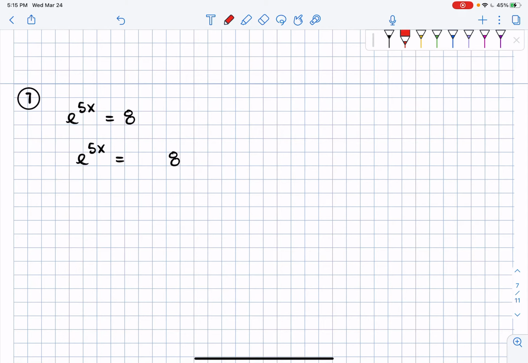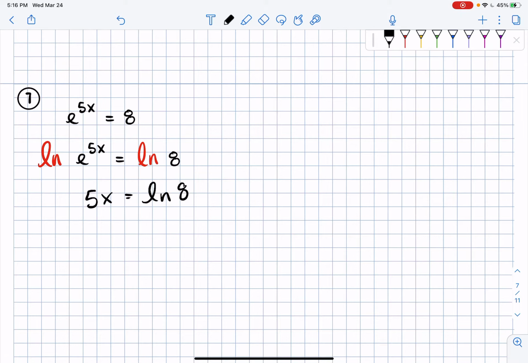Okay, so to get rid of the e on the left side, I have to take the ln of it. But if I take the ln on the left side, I gotta take the ln on the right side. And since e and ln are opposite operations, my left side is only gonna be 5x left, equal to ln of 8. All right, well, I gotta solve for x.